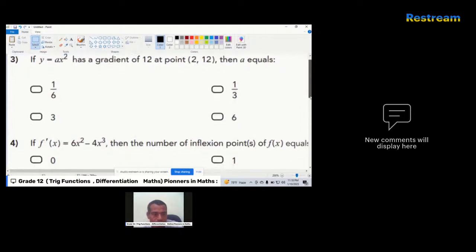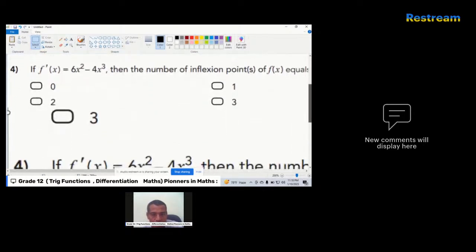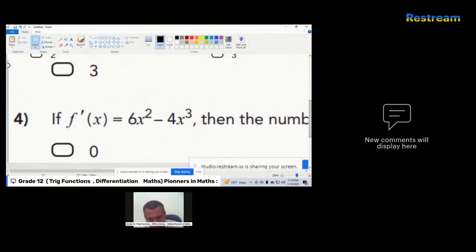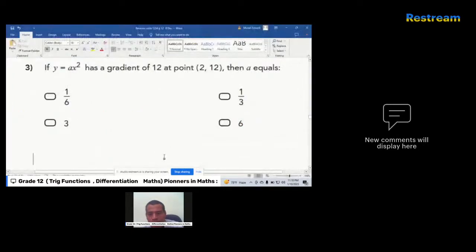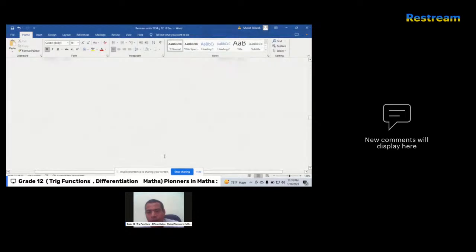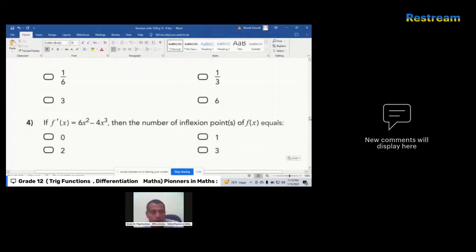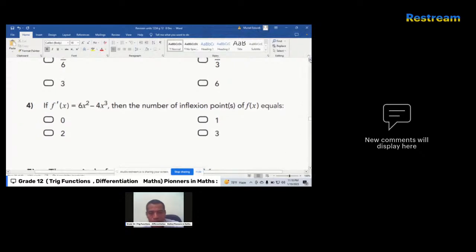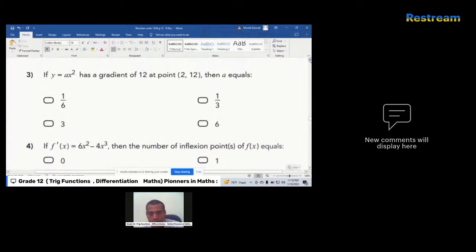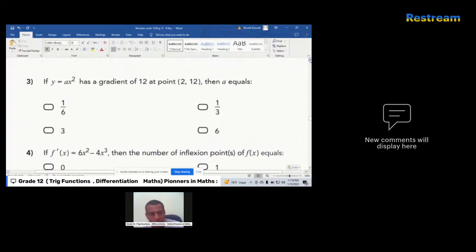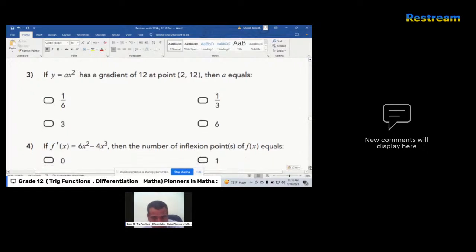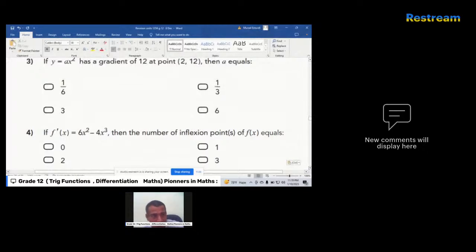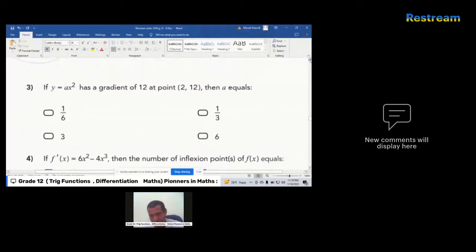The question has options. The gradient class. I will make a screenshot for this, because we have three questions. Let's first of all solve the question, and then I'm going to do it.